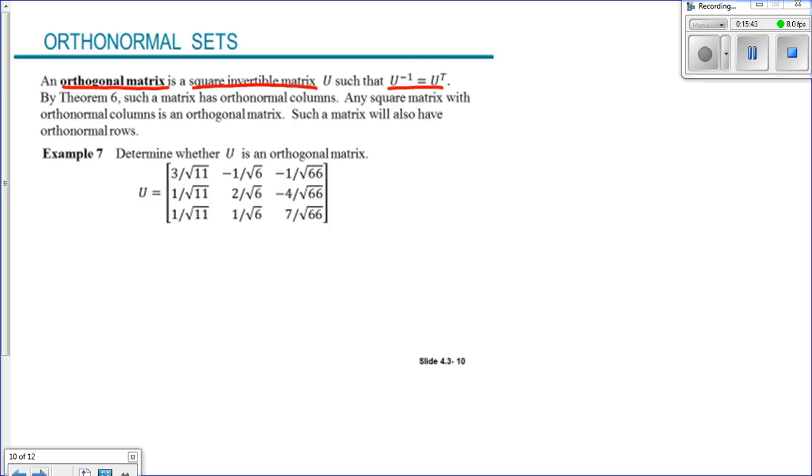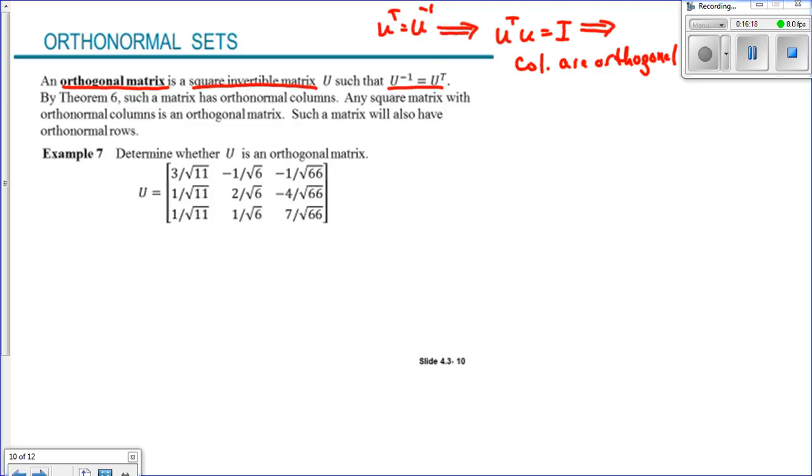Okay, so we saw from a previous theorem that if U transpose times U is the identity, then that meant that the columns were orthogonal. So if U transpose times U is the identity, meaning that U transpose is equal to its inverse, then that means that the columns of the matrix will be orthogonal. And if it's a square matrix, then we call that an orthogonal matrix.